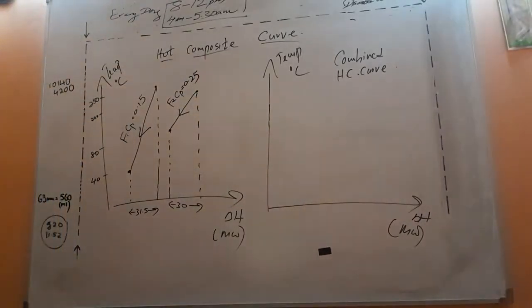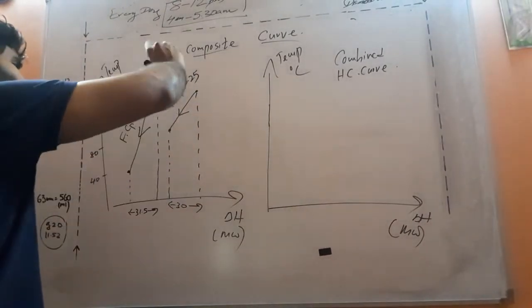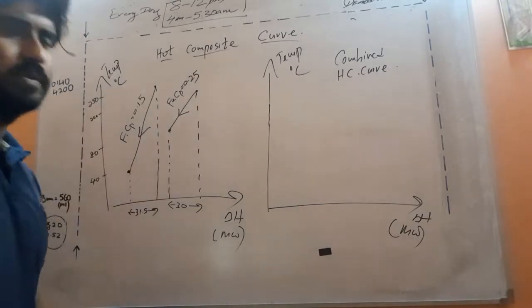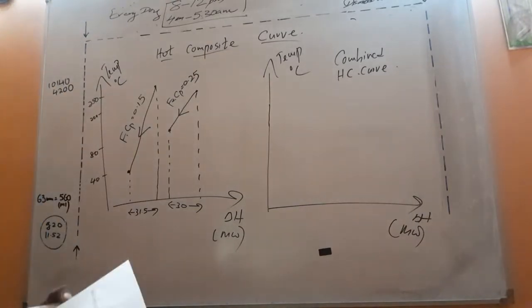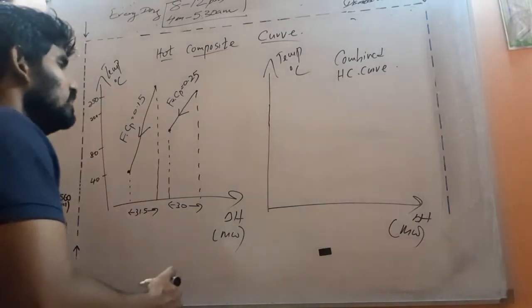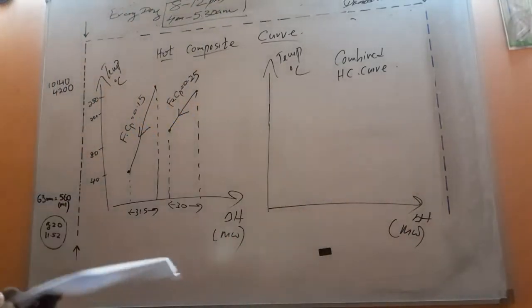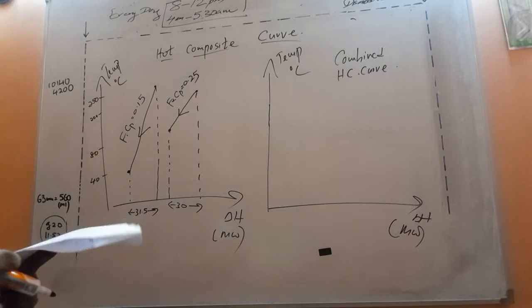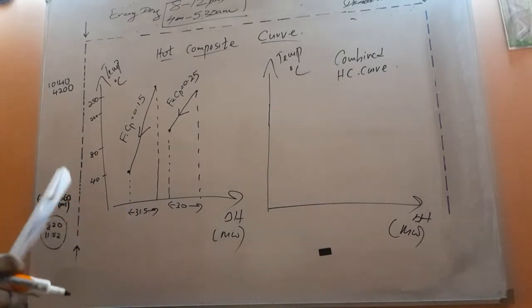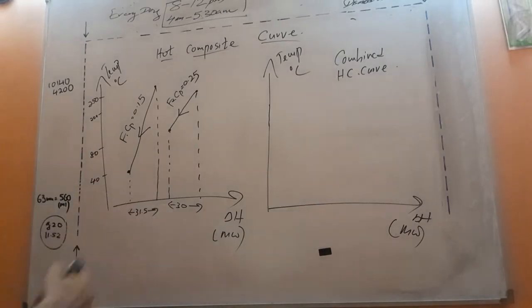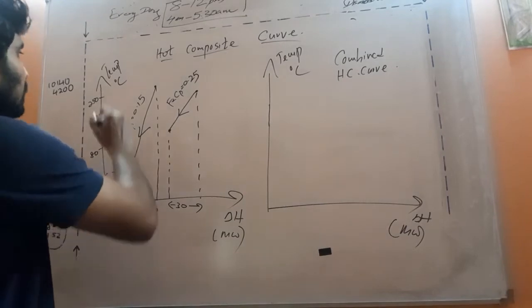So now the individual hot profiles are sketched for the two individual processes. The next thing you have to do is combine them into the combined hot composite curve. That's the most interesting part. So let's see how to do that.